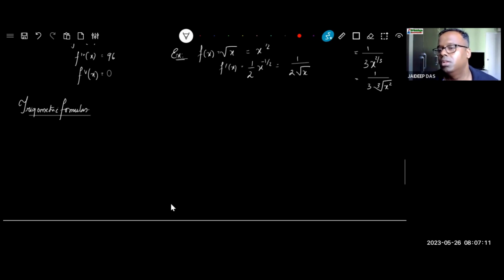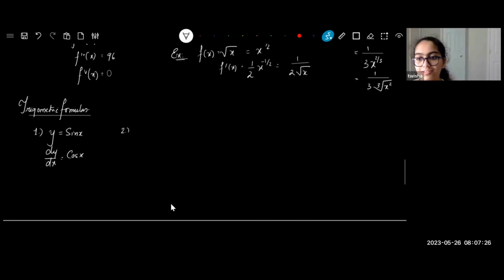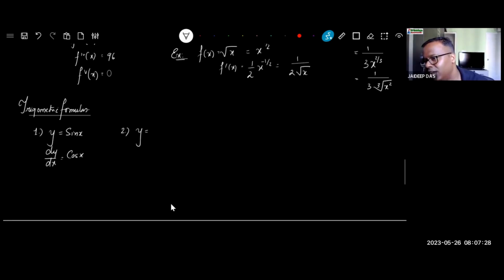The first one would be: if y is a function equal to sine of x, then dy by dx is cos of x. Very easy. If y equals cos x, then dy by dx is given as negative sin x.